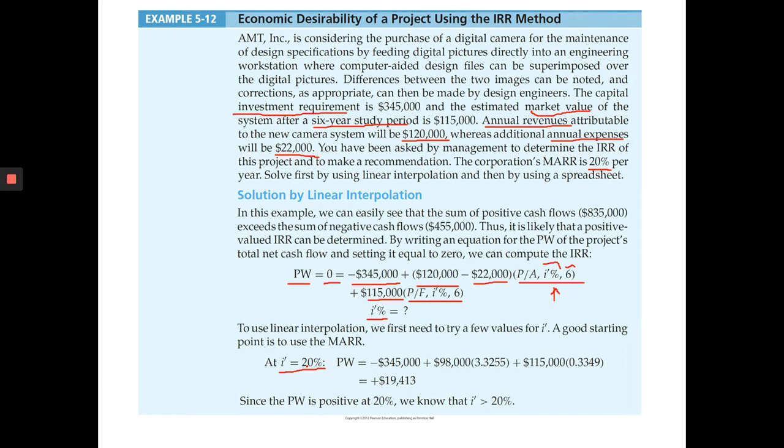We put this 20% into the formula, and we get the present worth of the total cash flows is $19,413. Since this present worth value is positive at the 20% interest rate, we know that the interest rate we are looking for should be greater than 20%.